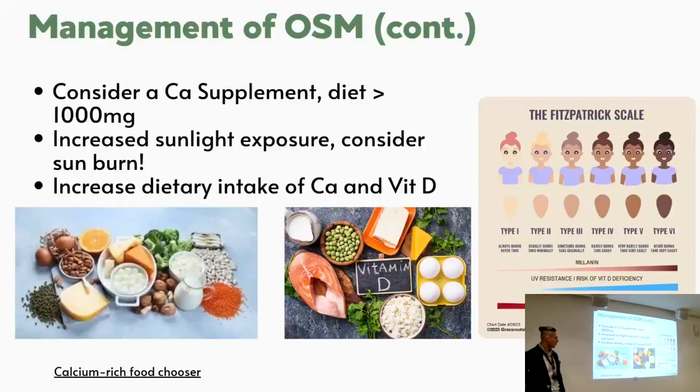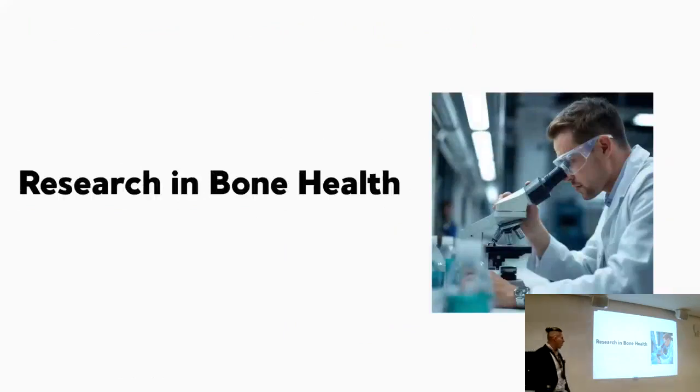This graphic is also useful because it highlights the potential risk factor associated with skin cancers, as well as the ability to absorb vitamin D the darker your skin colour is. Okay, let's talk about some research then.